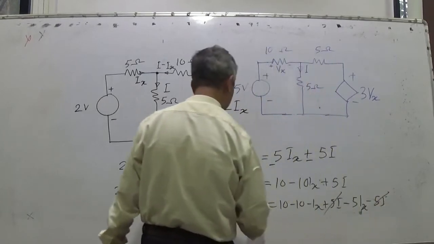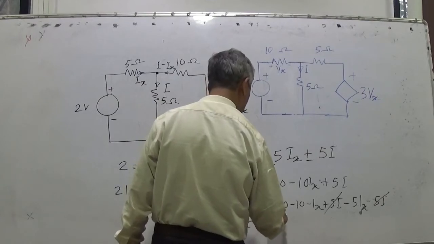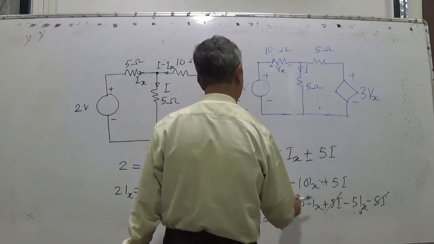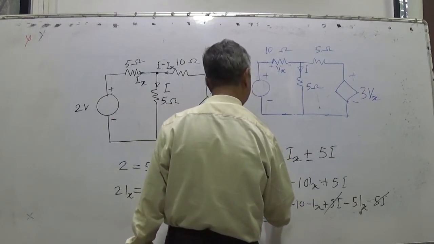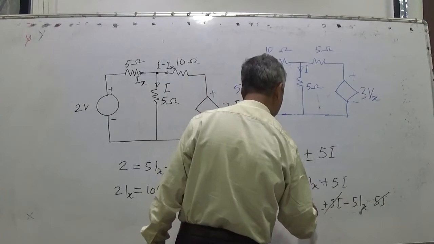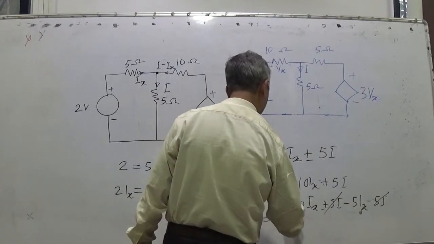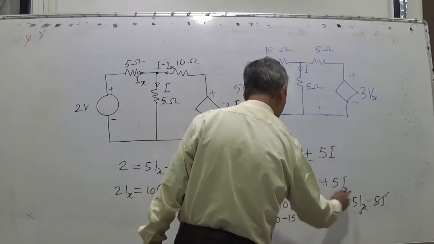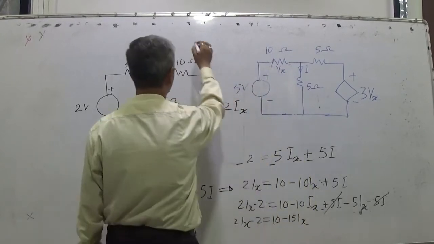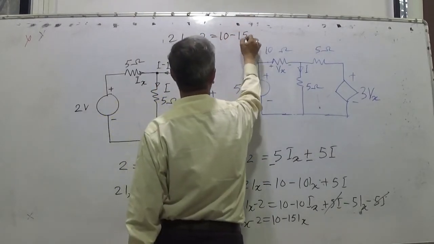The 5I gets cancelled, so 2Ix minus 2 is equal to 10I minus 15Ix.